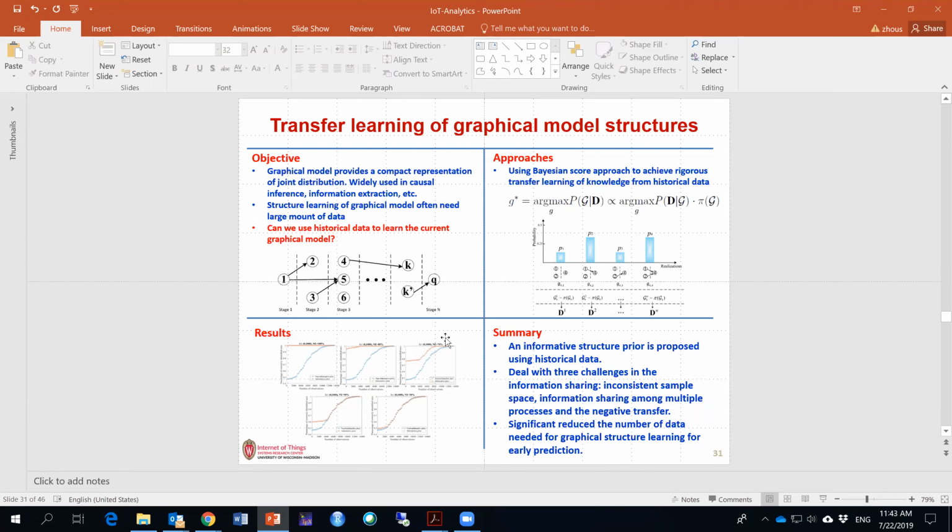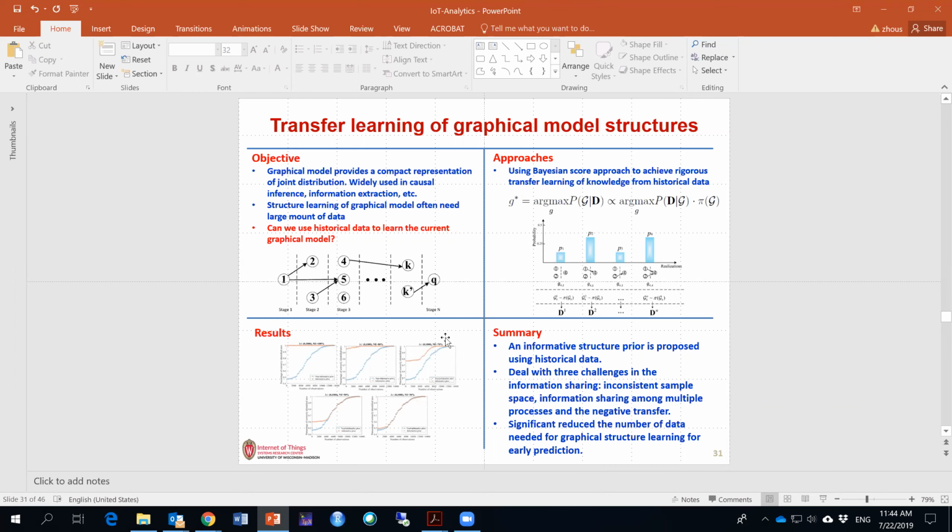And sometimes we're interested in detecting the interactions or interdependence among the data collected from different components within the system. A typical example is the multi-stage manufacturing process. Taking advantage of the data availability, we may use a graphical model approach plus a transfer learning technique to fit this model with a limited amount of data.